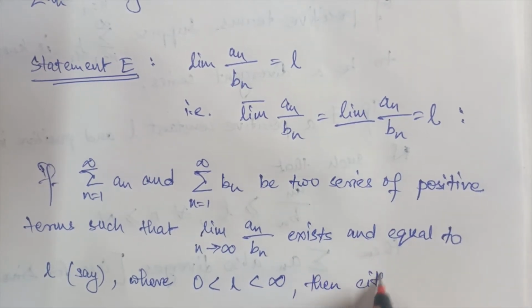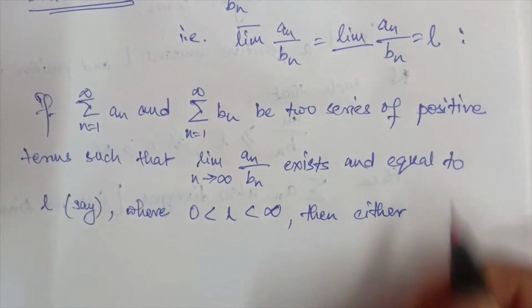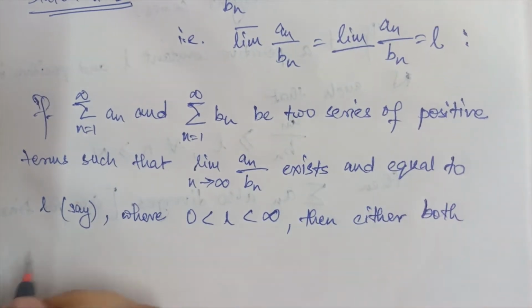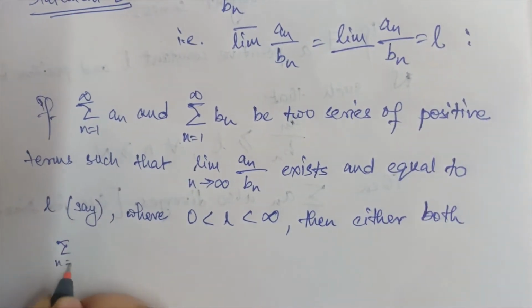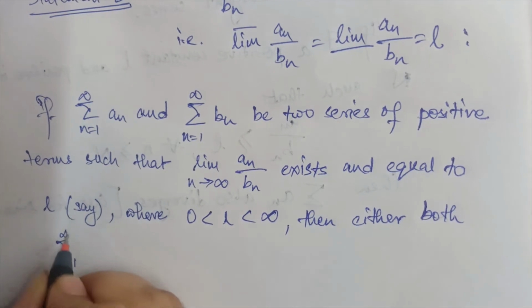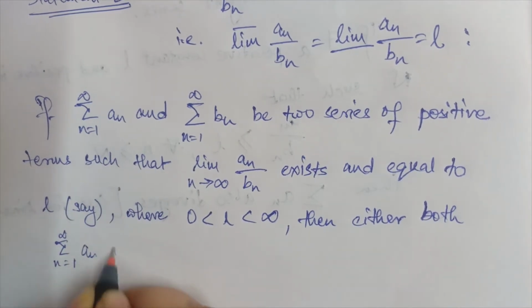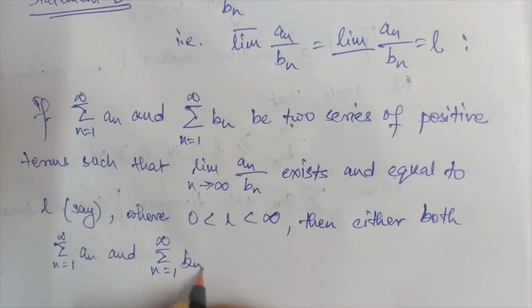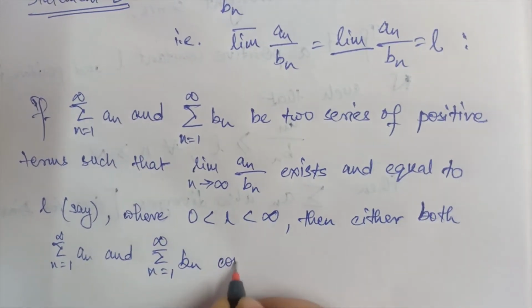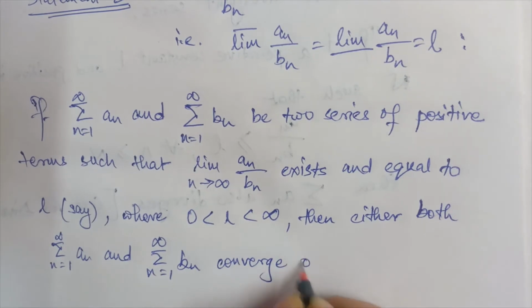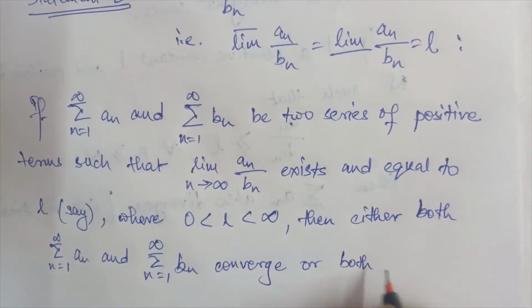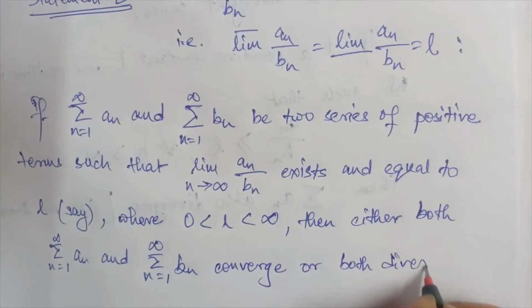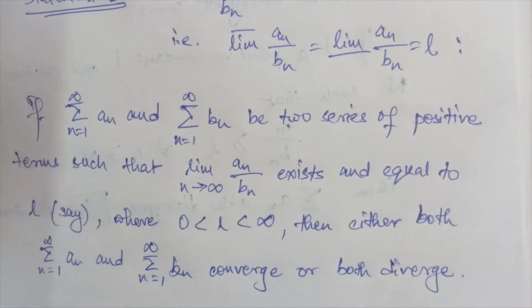Then either both the series, summation an and summation bn, will converge, or both of them will diverge.